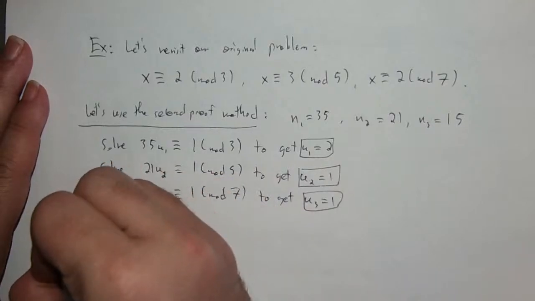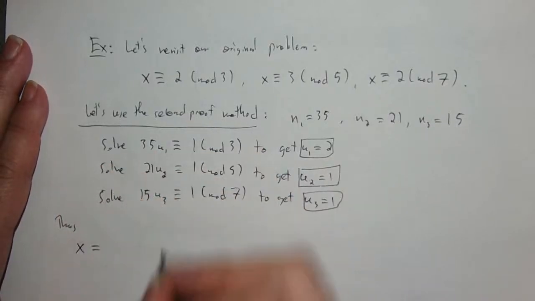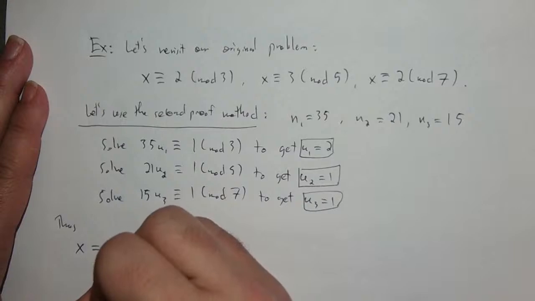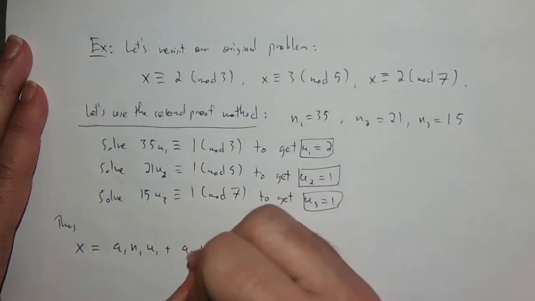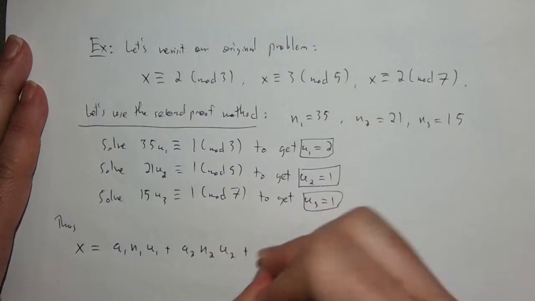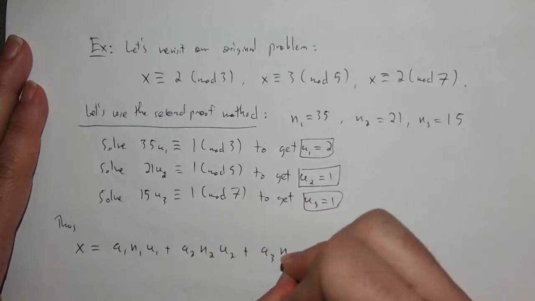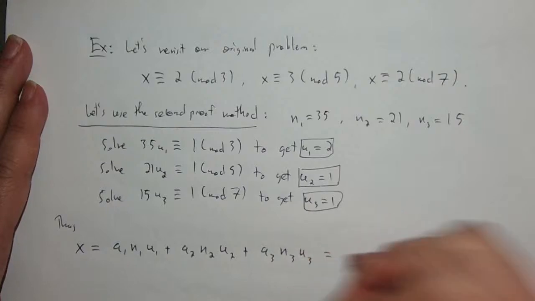Thus, X equals, writing this out, a sub 1, n sub 1, u sub 1 plus a sub 2, n sub 2, u sub 2 plus a sub 3, n sub 3, u sub 3.